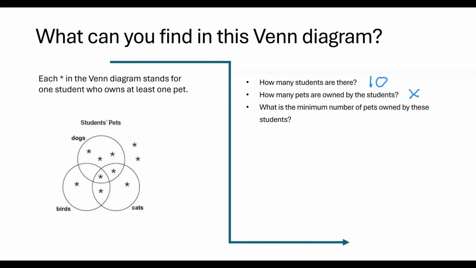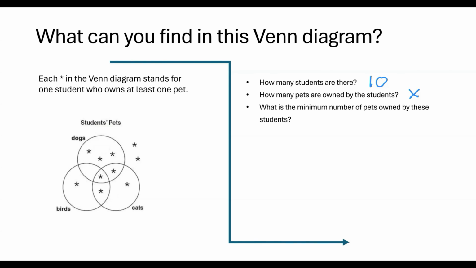So in this case, yes, you should be able to answer this question, assuming that each student owns just one pet. But be careful here, because the diagram shows you that some students actually own a dog and a cat. Some even own a dog and a bird, and some own a bird and a cat. So be careful here.